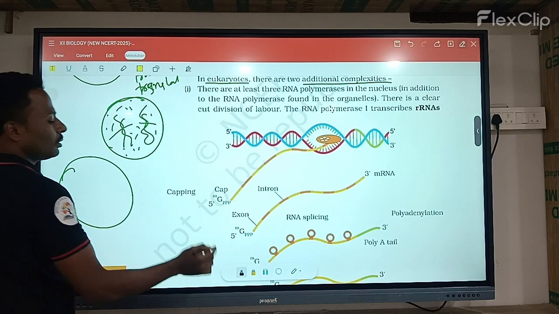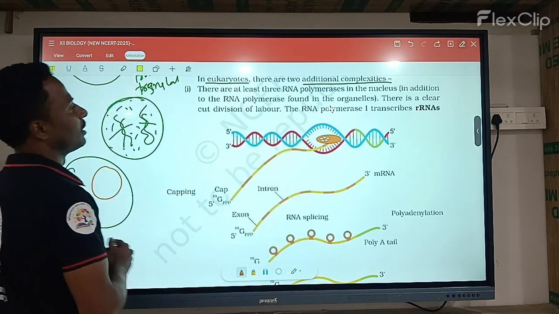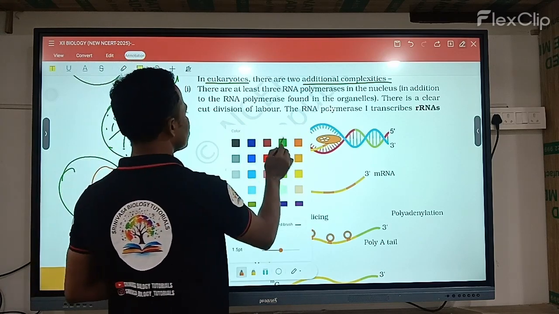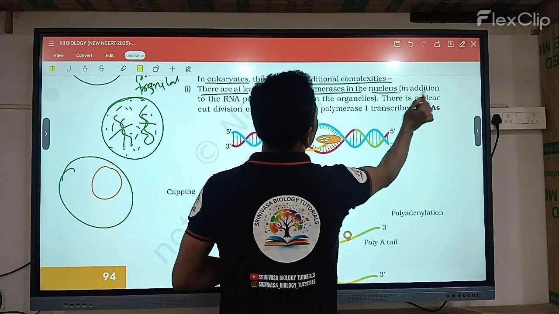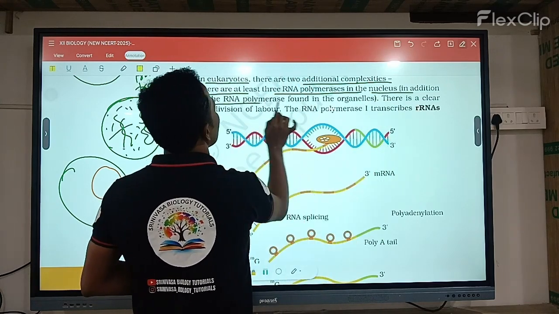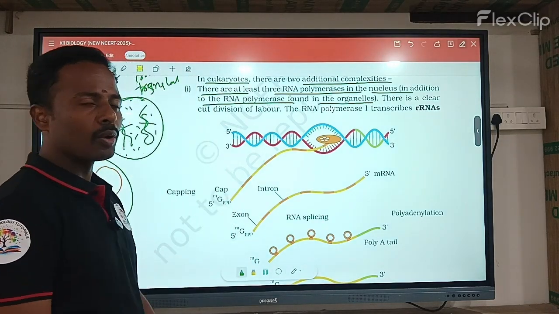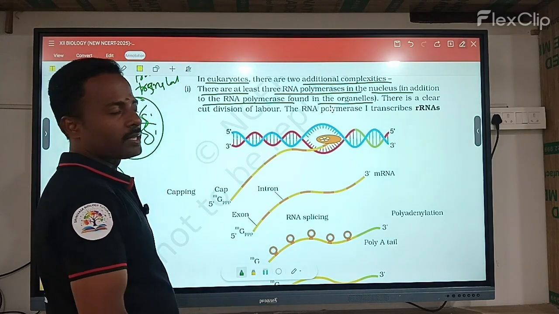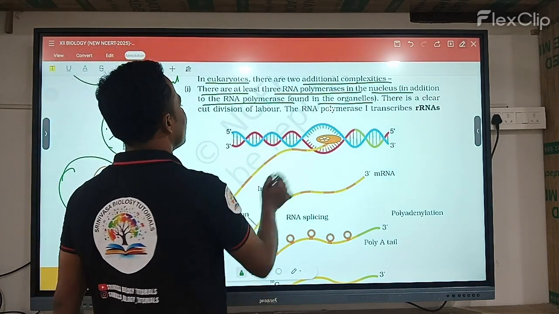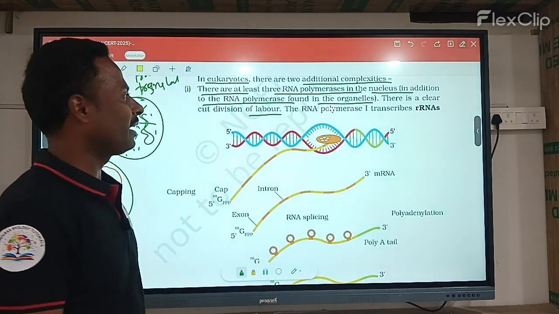There are two kinds of compartments. First, there are at least three RNA polymerases in the nucleus, and RNA polymerases found in the organelles. So in all eukaryotic cells three types of RNA polymerases participate, with a clear cut division of labour.